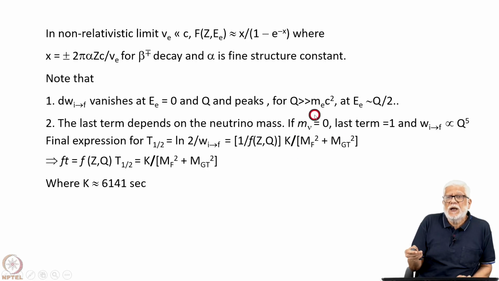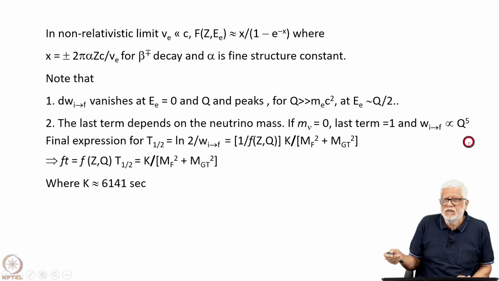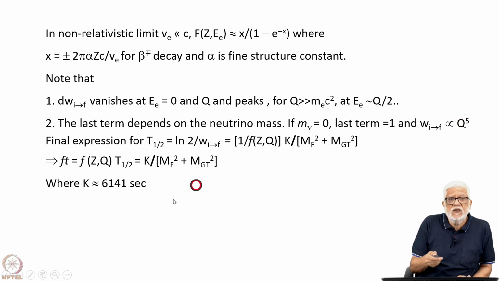So if the mass is 0, of course, the last term is just 1, and then you can actually compute this. You can integrate this over the energy, and then for beta decay, you find that the rate at which it decays goes like Q to the fifth power of the Q value. Similarly, you can get T_half as log 2 divided by W_if, and it will turn out that this is 1 by f(Z, Q) times a constant divided by the square of the matrix element, M_F squared plus M_GT squared, because you can have both Fermi and Gamow-Teller contributions.